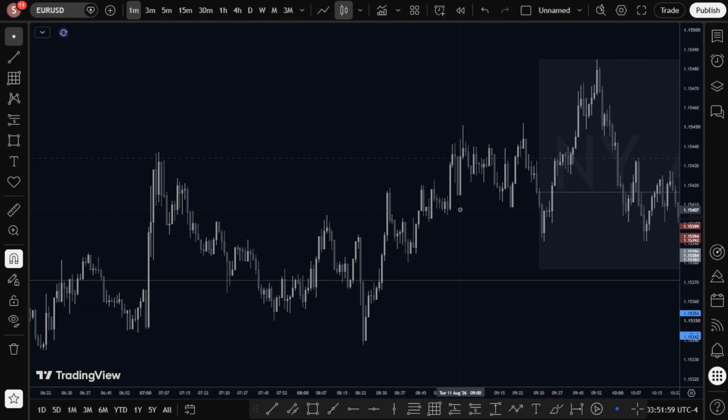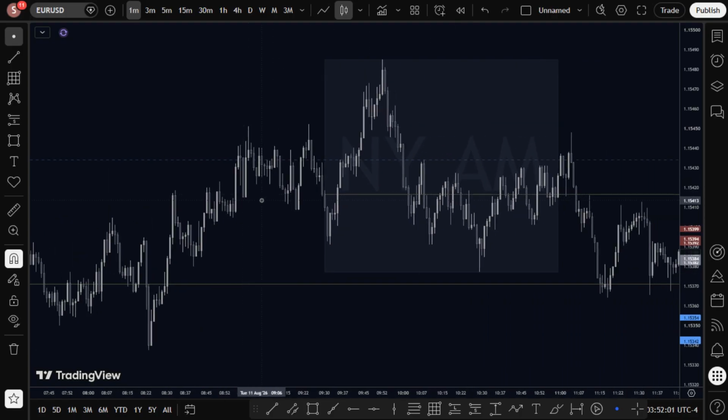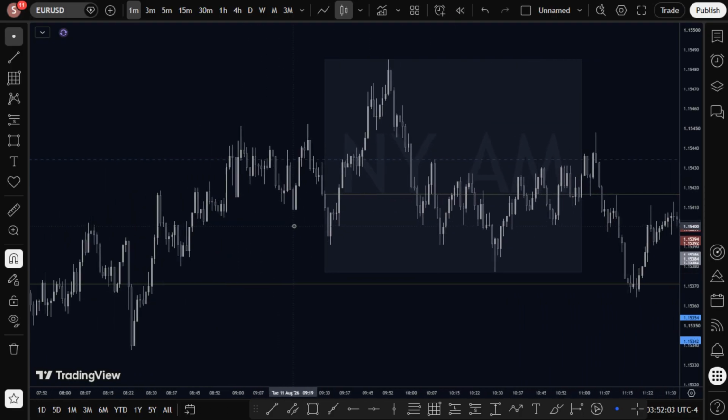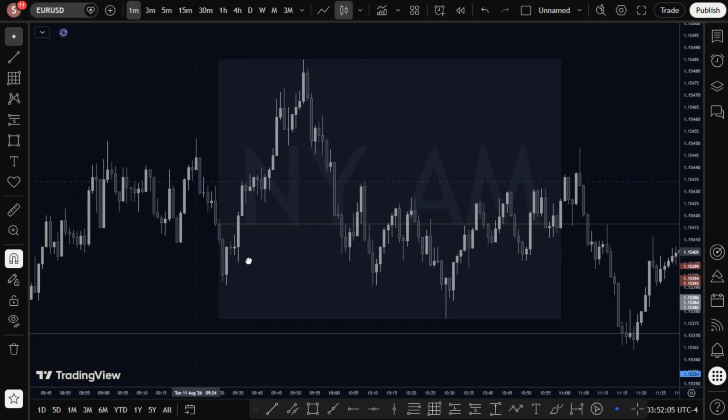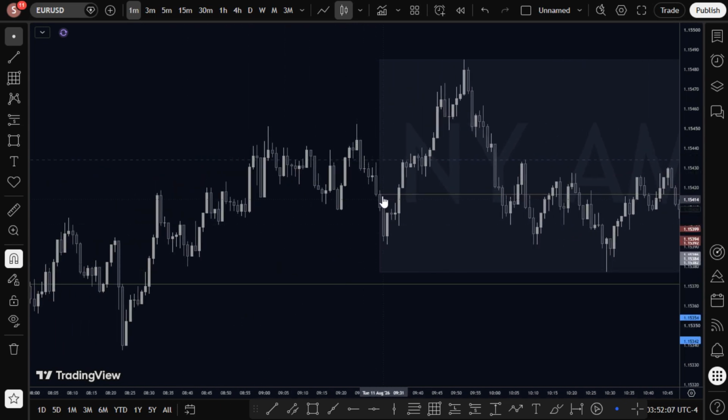Now here is the New York. Look at what price did. Follow me, guys. Remember I said when price is below the horizontal opening price, we want to buy. Now, we want price to do one or two or three things. One, price will sweep liquidity.